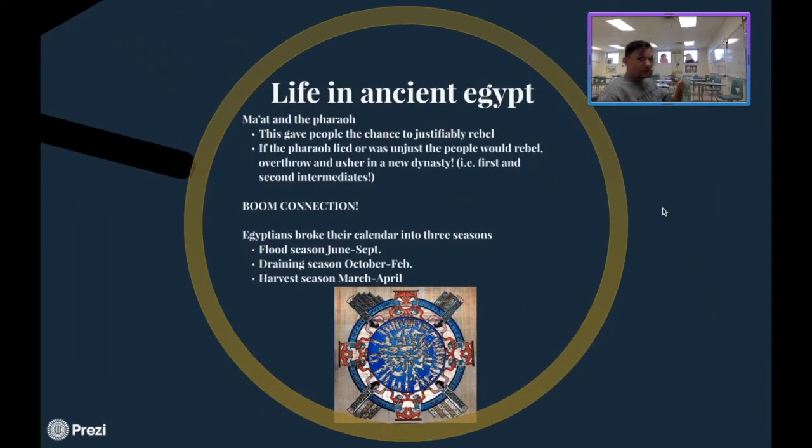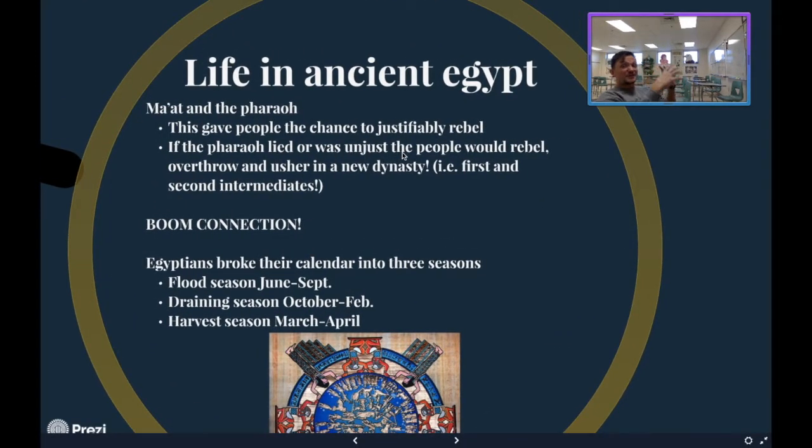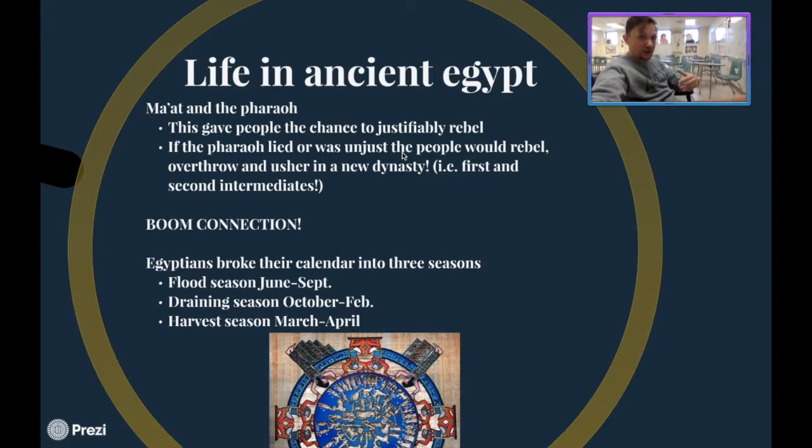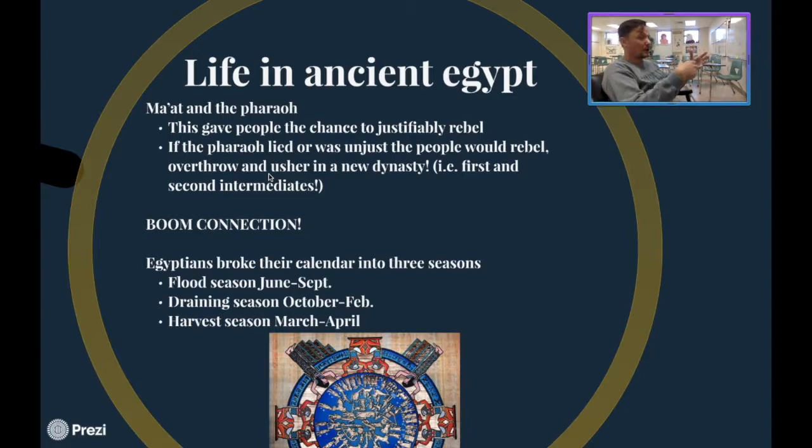Now, going into it, though, life in ancient Egypt is also going to become much more stabilized and much more efficient when it comes to the concepts of the Middle Kingdom, right? Because Maat and the pharaoh are coming in, and this is going to give people the justifiable chance to rebel. Now, this is an interesting concept because with Maat being brought in during the Middle Kingdom and solidified, this is going to give the pharaohs a moral code they have to follow.